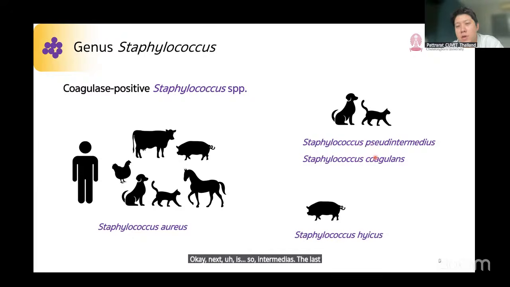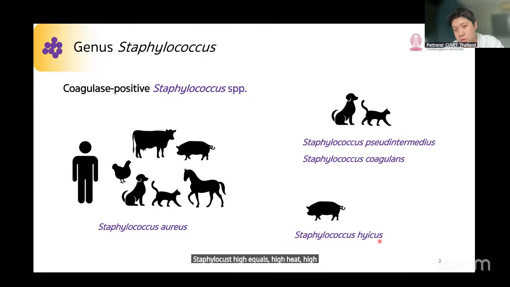The less common species in dogs and cats is coagulans. And in pigs, the most common and problematic species is Staphylococcus hyicus.